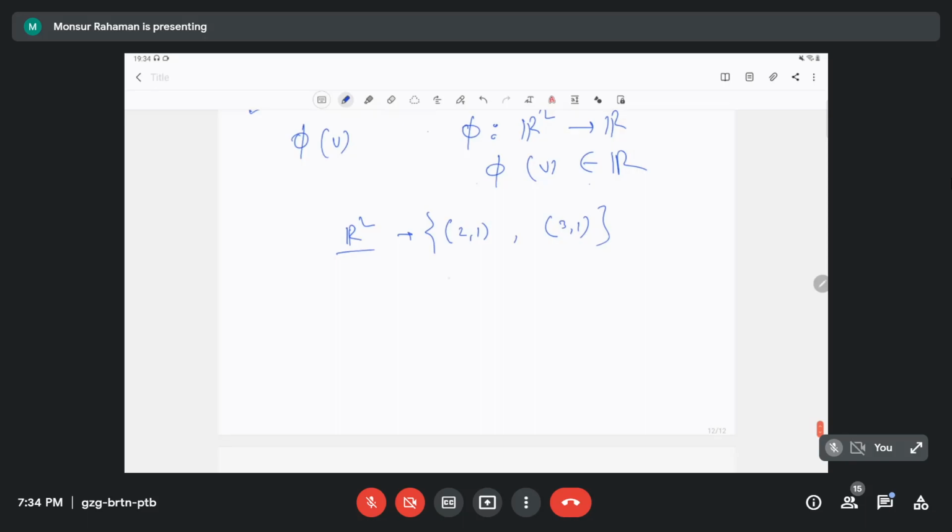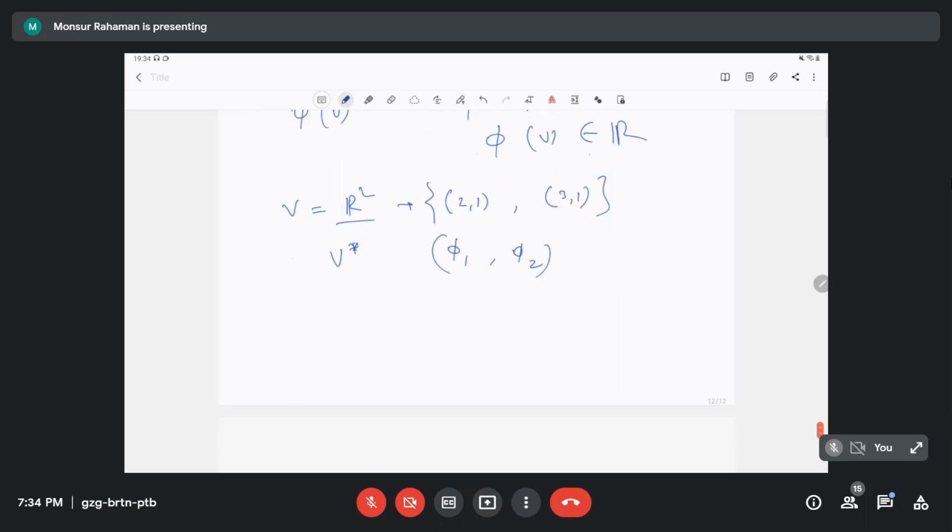What is the corresponding basis of the dual space? You can write R2 star. Okay, because if you take V equal to R2, then you can say this is V star. What is the corresponding V1 and V2? Phi 1 and phi 2. This is like V1 and V2.